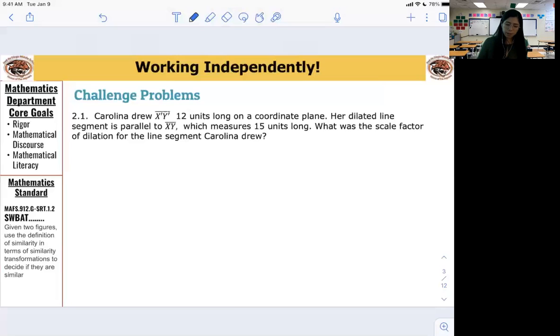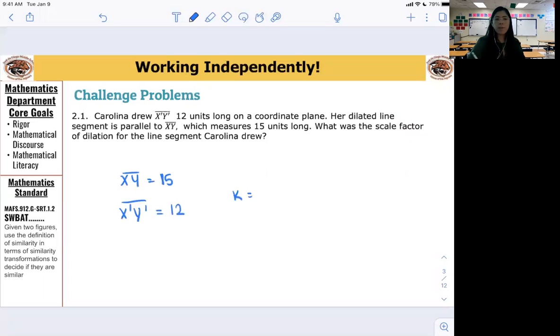Awesome. All right, so just a quick review of scale factor. So if XY is 15 and X'Y' is 12, how do I figure out my dilation factor? Okay, I'm seeing it in the chat. So K, the dilation factor, is it image over pre-image or pre-image over image?